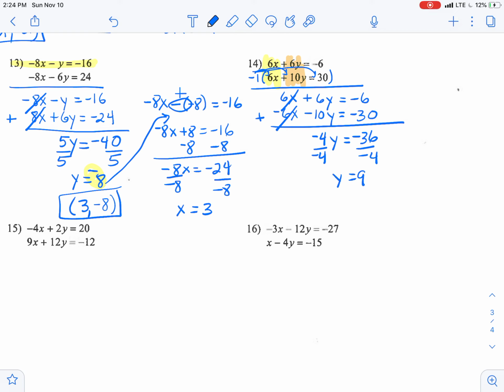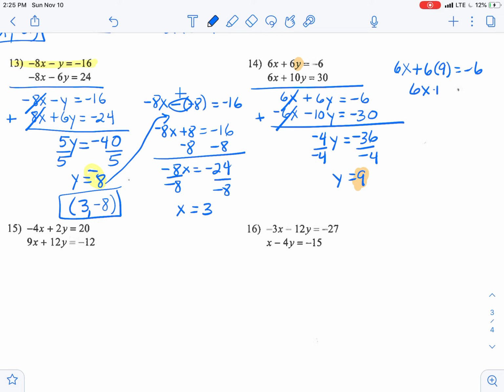And y is 9. Now again, I'm going to come back up to either one of my equations, and I'm going to put in the 9 for the y. So I am going to just choose my first equation. You can do either one. So 6x plus 6 times the y equals a -6.